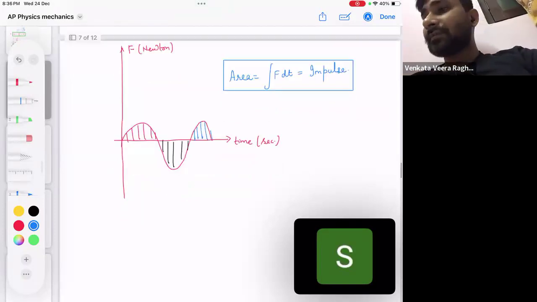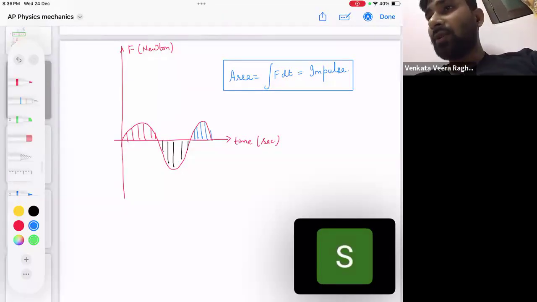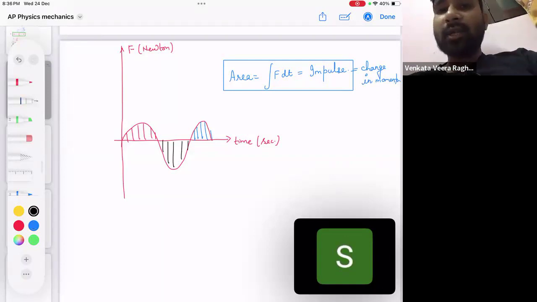So sometimes they will give you the graph between force versus time. If they give us that graph, the area represents the impulse acting. Or sometimes instead of impulse, they will ask what the change in momentum of the particle is, so we can also calculate it from this area.